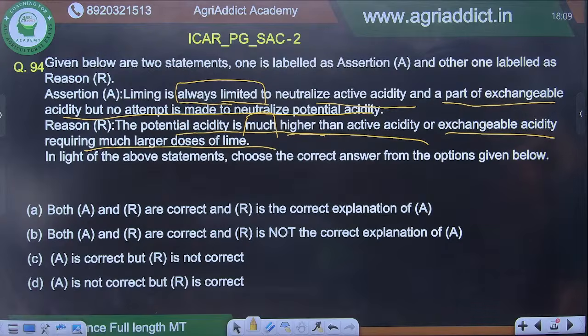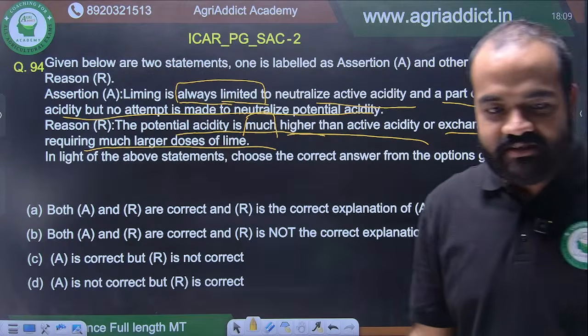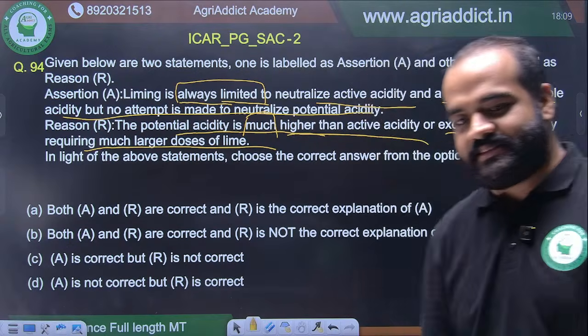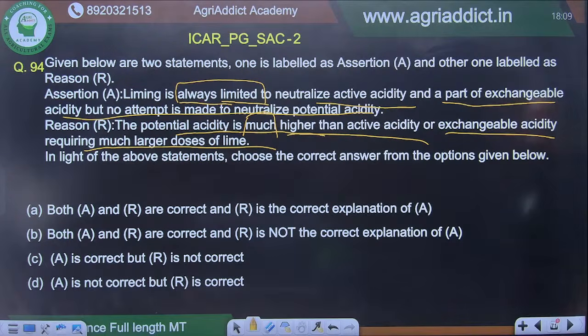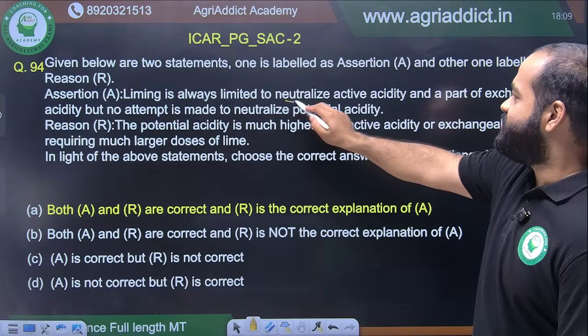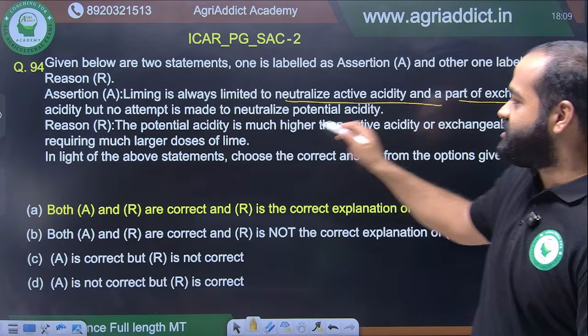So, what are the answers I am getting? A, yes. Yes, all of you are correct. Definitely it is A, because liming is limited to neutralize active acidity and only a part of exchangeable acidity.